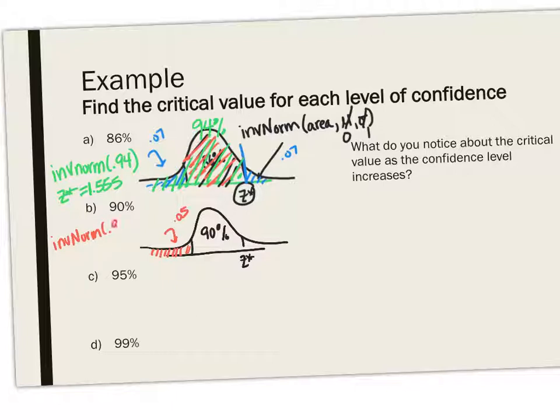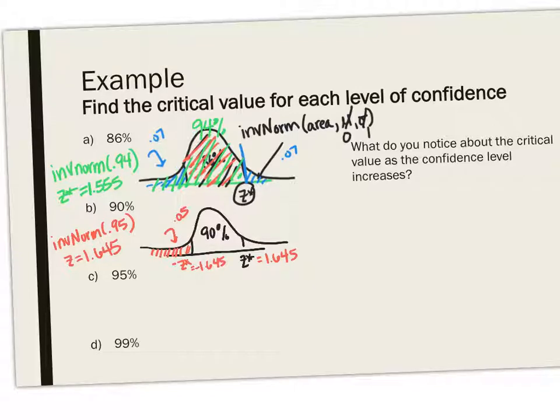So in the calculator, we're going to do inverse norm of 0.95. And if we do that, we get a Z equal to 1.645. And what that really means is that this Z-star is 1.645. The negative Z-star is negative 1.645.